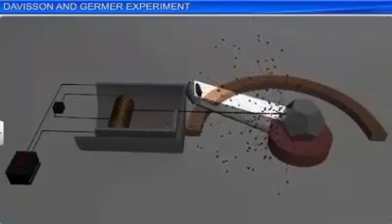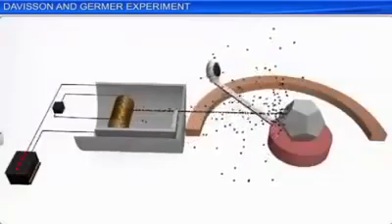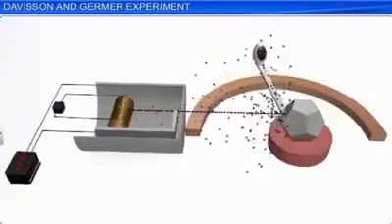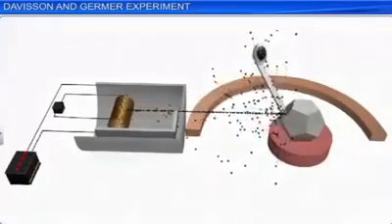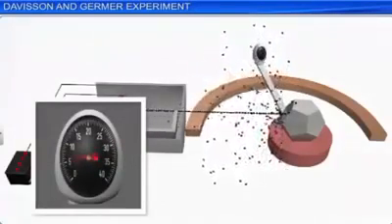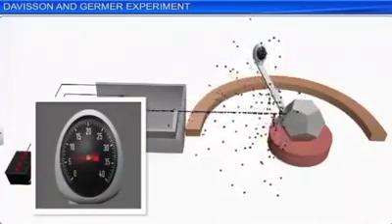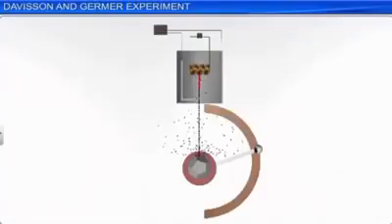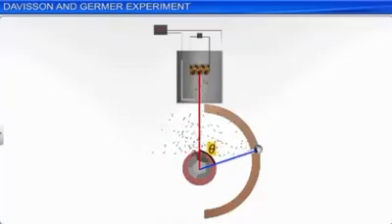By moving the detector on the circular scale to different positions, the intensity of the scattered electron beam is measured for different values of the angle of scattering, theta, which is the angle between the incident and the scattered electron beams.